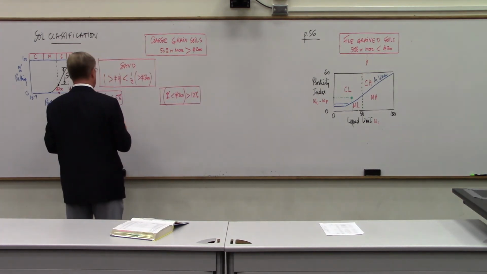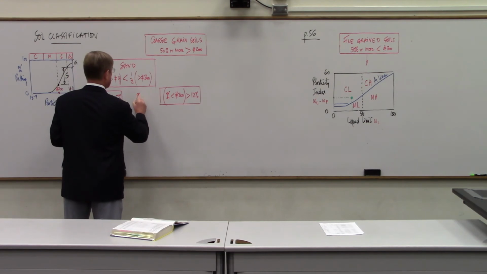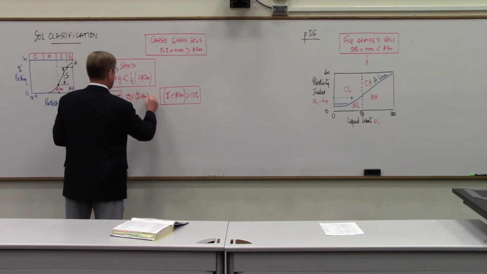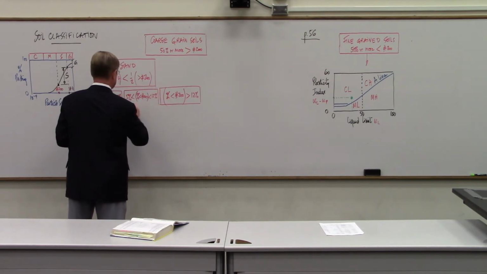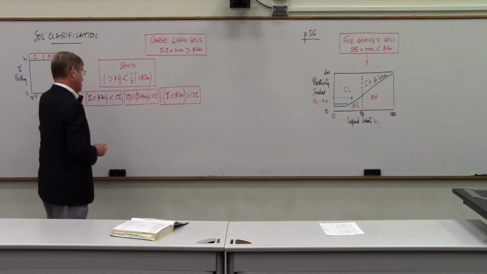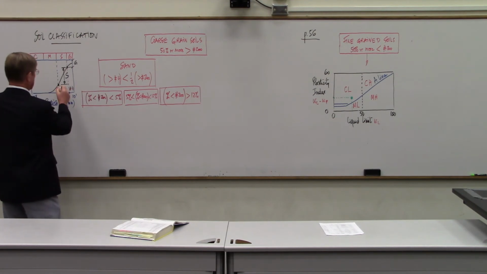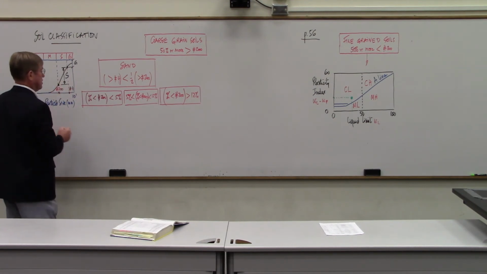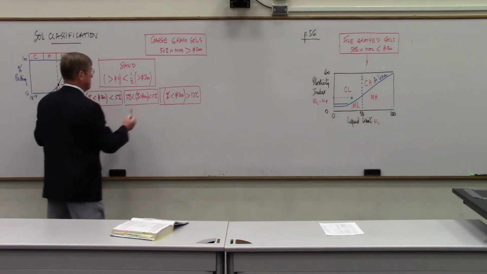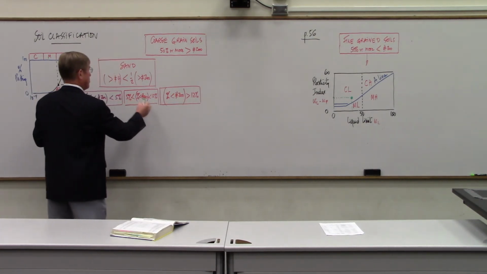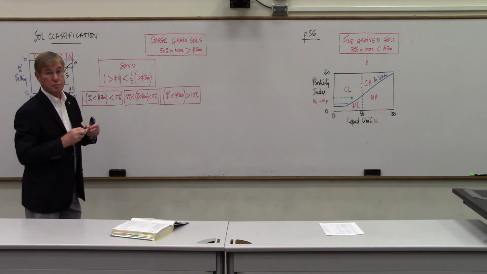And then the one in between is if the portion smaller than number 200 is between 5% and 12%. So it's an intermediate case. So once you've seen that most of what you have is sand, then you look at the portion passing 200 and you say, is this less than 5%? Is it more than 12%? Or is it in between the two?